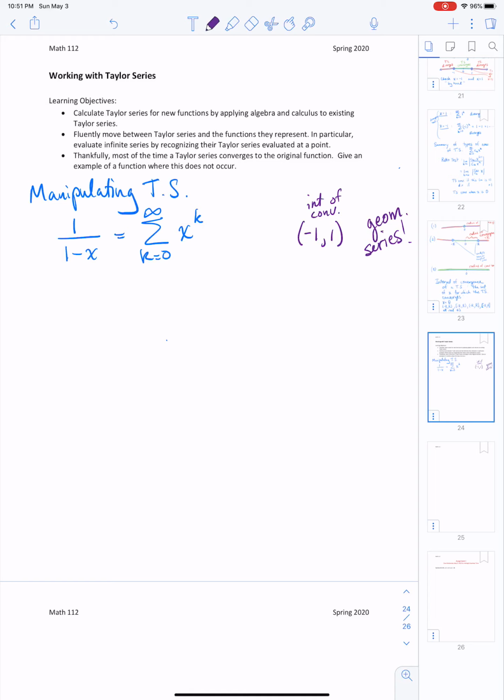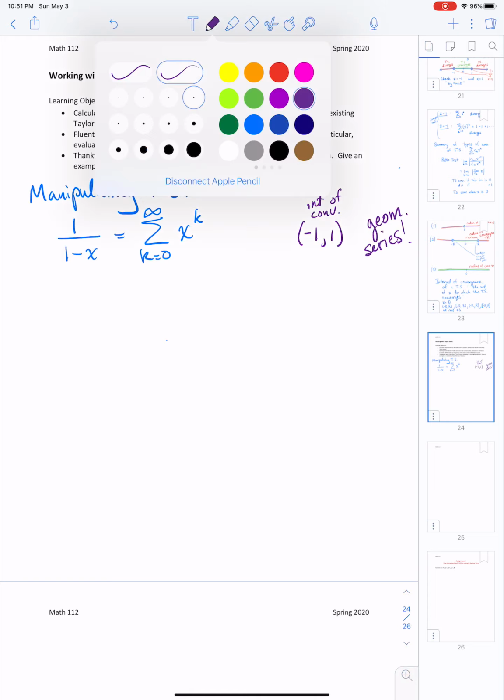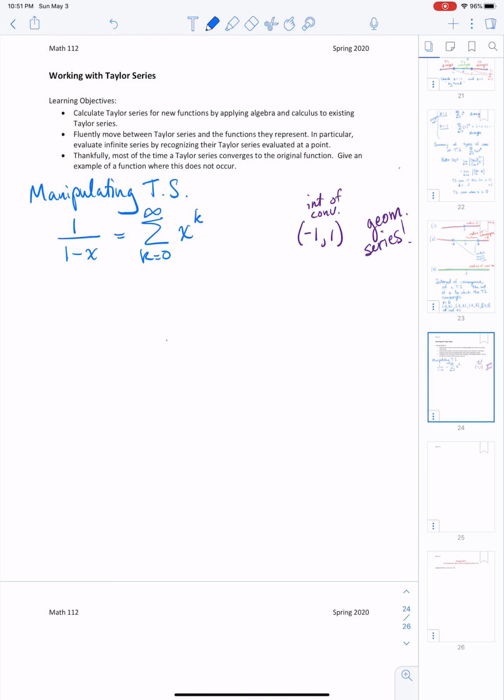So you can substitute into Taylor series that are known. Here's an example with substitution.